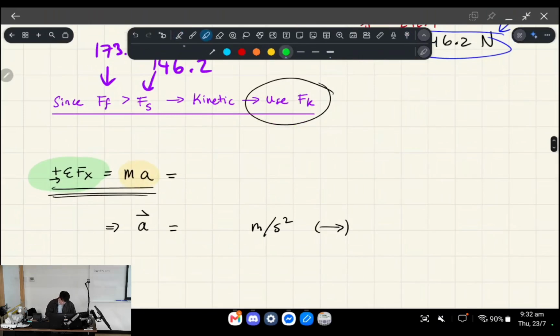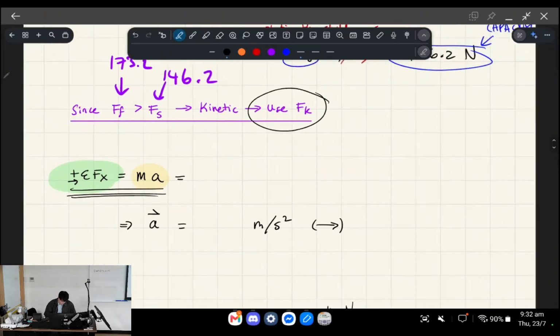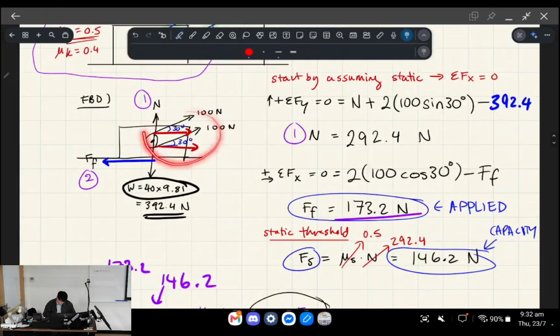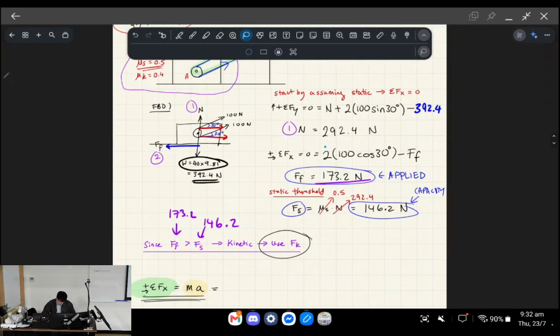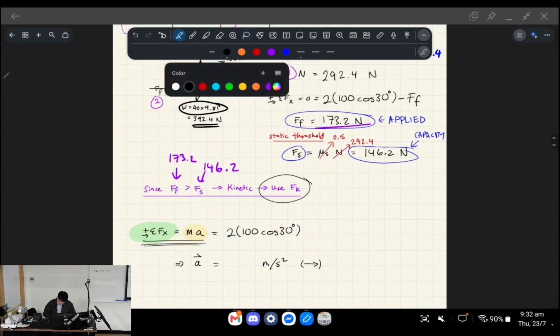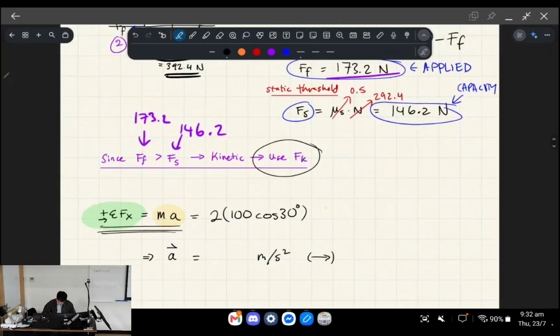Okay, so we're going to look at the green part first. So we're going to sum all the forces, right? So taking right as positive, okay, we've got, again, two lots of the red arrow, okay? So we're going to just copy that over from before. Except instead of subtracting FF, this time we're going to subtract FK, okay?